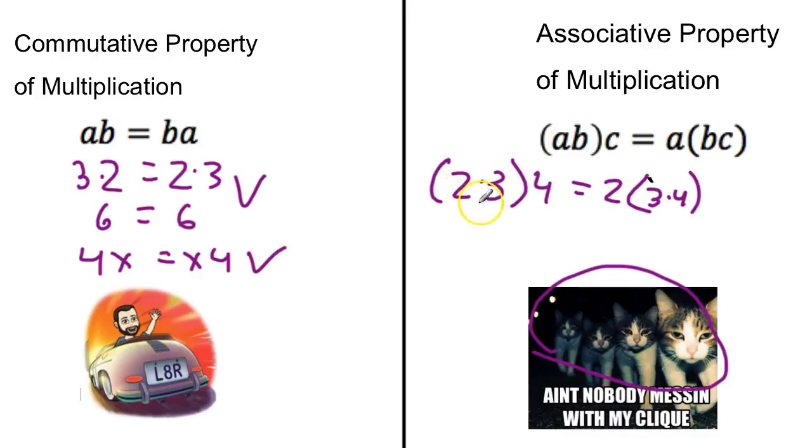Well, let's find out. So 2 times 3 is 6 times 4. That equals 24. Over here, 3 times 4 is 12. 2 times 12 is 24. So you get the same answer too. So the associative property and the commutative property you can both do in multiplication as well as addition.